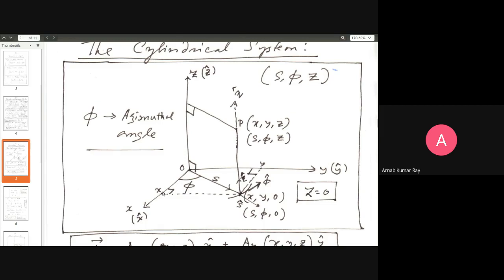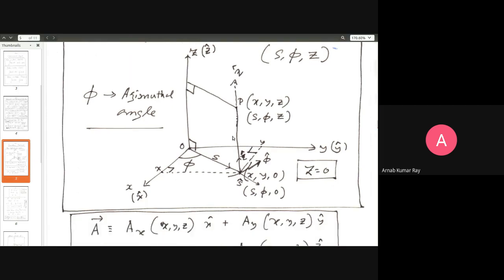First along the x direction, second along the y direction, and the third along the z direction. So three steps as per the Cartesian coordinate system to come to this point P. I hope you are clear on this diagrammatic understanding.